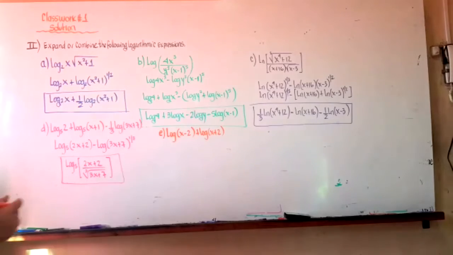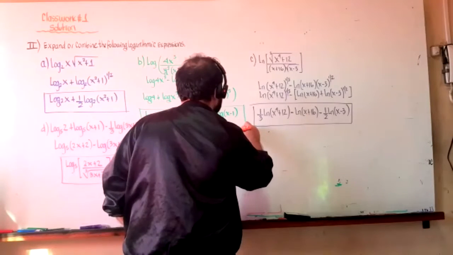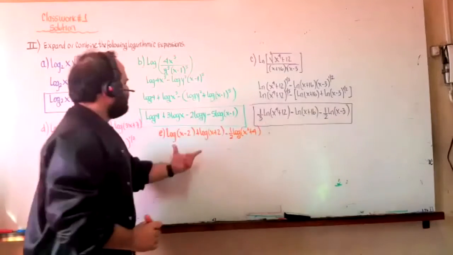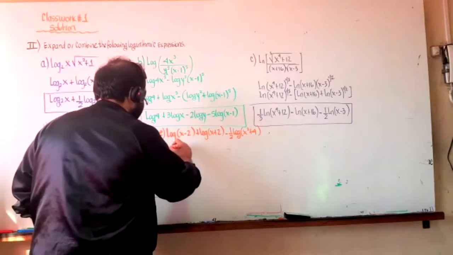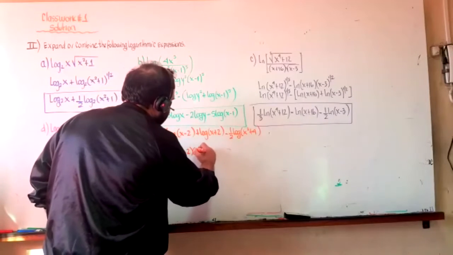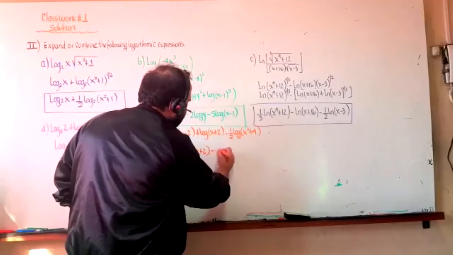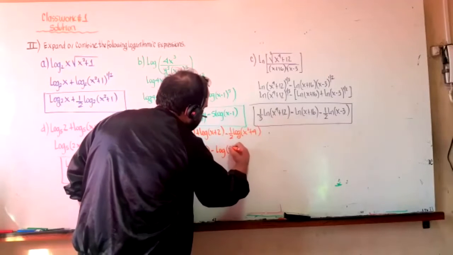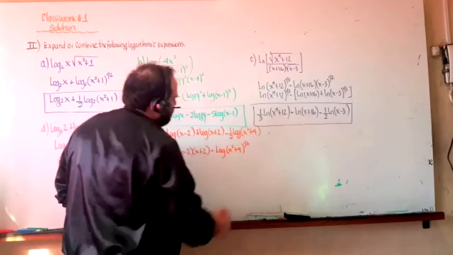And negative 1/2 log x squared plus 4. For example, we have addition, right? So we can copy at least for a while the expression log x minus 2 x plus 2, all right? Subtracting, this 1/2 has to be a power. Log of what? X squared plus 4 elevated to 1/2.